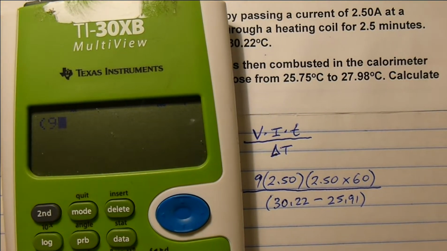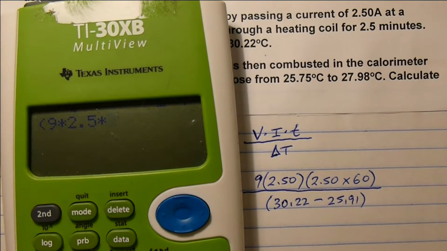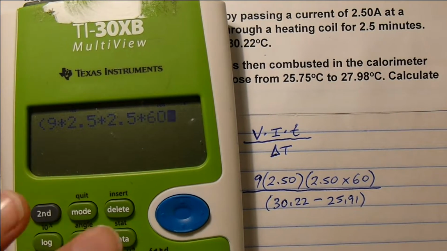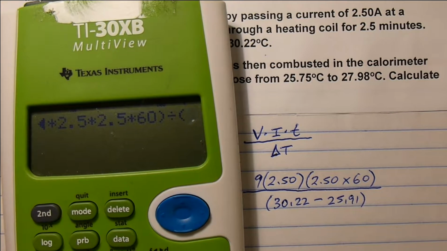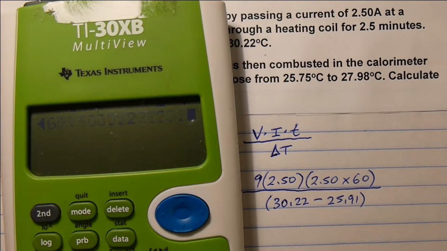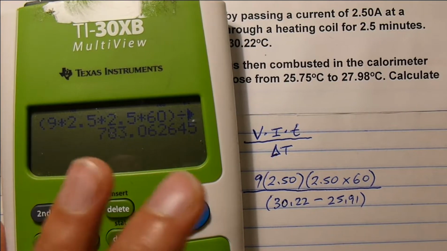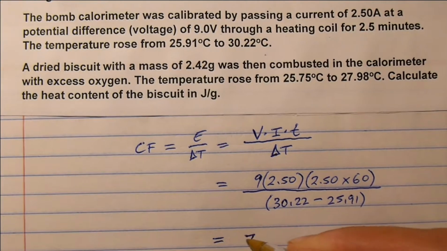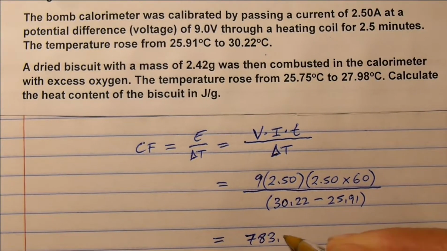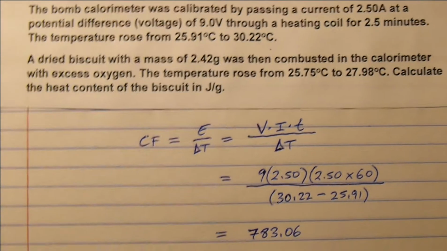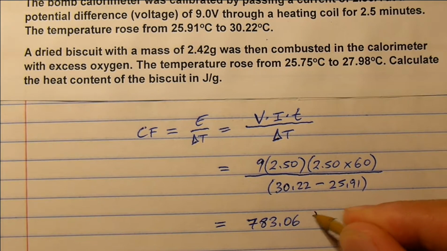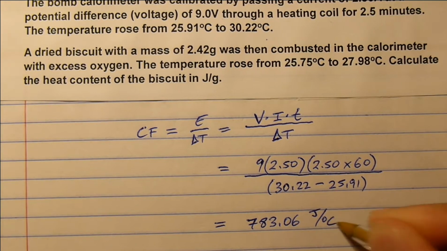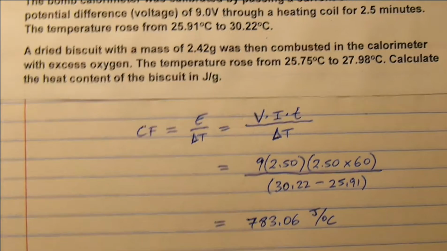So 9 multiplied by 2.5 multiplied by 25 is 60, and then divide that by the 30.22 minus 25.91, and I get 783.06. Now the unit here is joules, the amount of energy we put in per degrees Celsius of temperature rise.